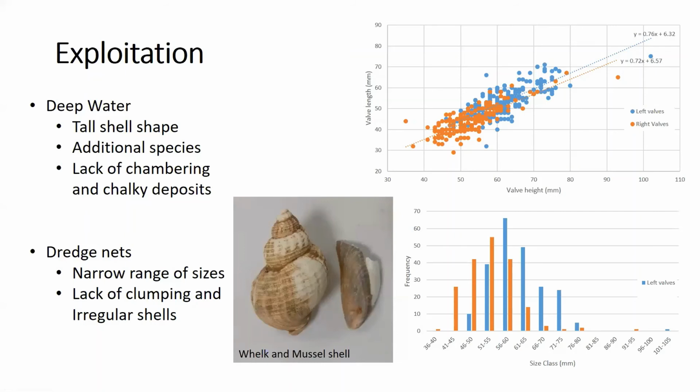So all of this evidence, when put together, evidence of the regular dredging, the use of nets, the exploitation of deep water beds, shows that we've moved on from this Roman exploitation of just gathering shells as they come, and now we've actually got managed beds that are being regularly tended to collect the shells.